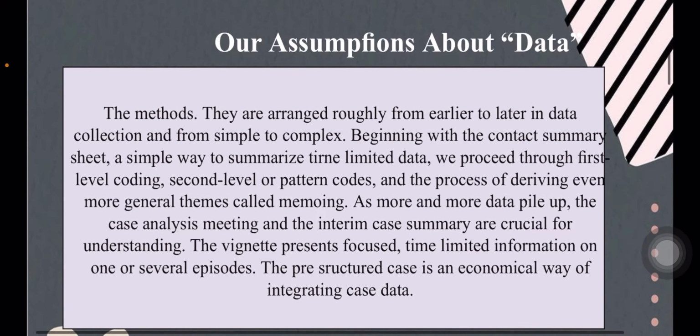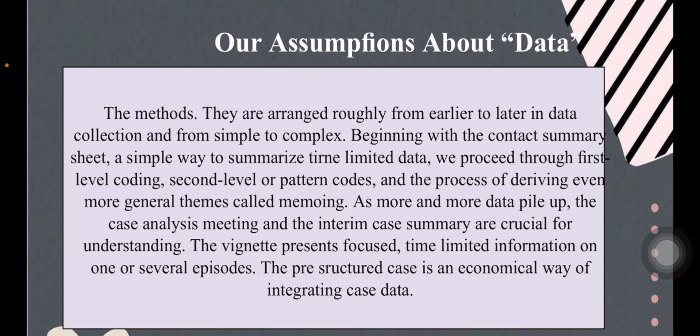Next, our assumptions about data. The methods are arranged roughly from early to later in data collection and from simple to complex. Beginning with the contact summary sheet, a simple way to summarize time-limited data.